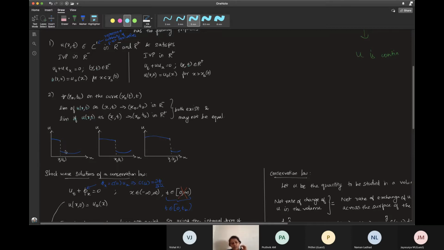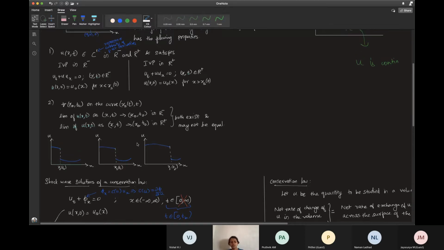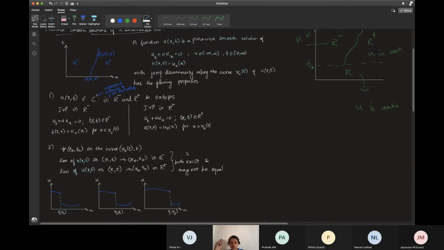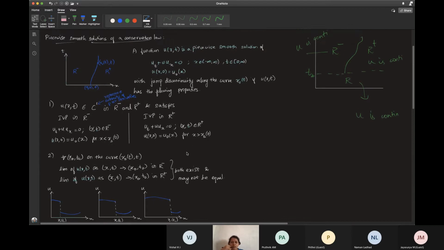So this is the whole function u at time t naught, and at some other time t1, the function becomes like this. It has moved towards the right, and at a different time it has moved still further towards the right. So this is to pictorially represent how u behaves after the formation of shocks.